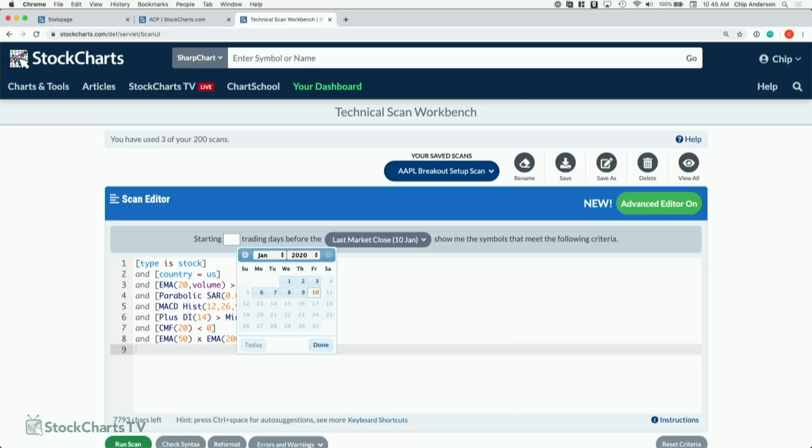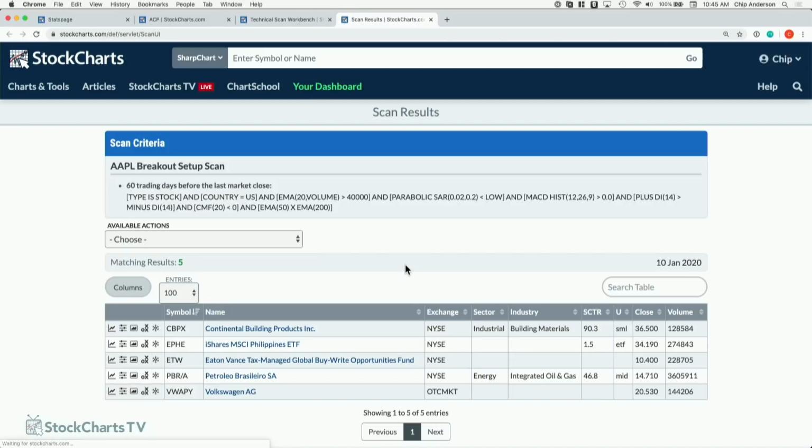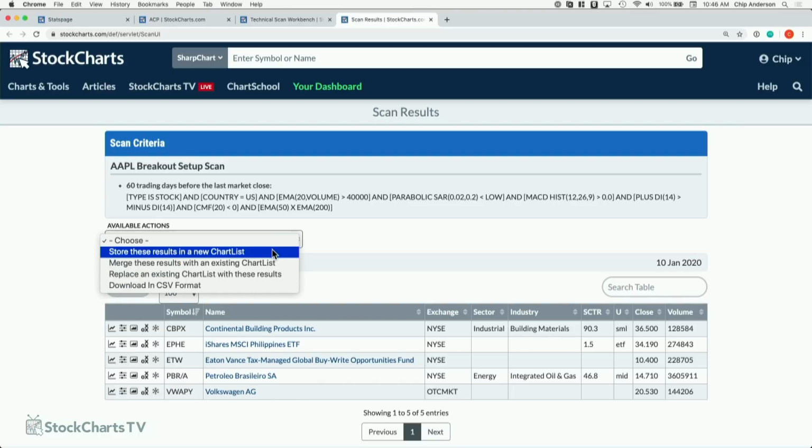And in fact, starting today is kind of jumping the gun. As I mentioned at the beginning of this, I really want to put in something like 60 days ago, let's say, as an example. I haven't even tried this, frankly. I'm not sure. I hope I'll get some results. 60 days ago, okay, good. We got 5 results. That's a very nice number of results. Let me take those and put them into a chart list.